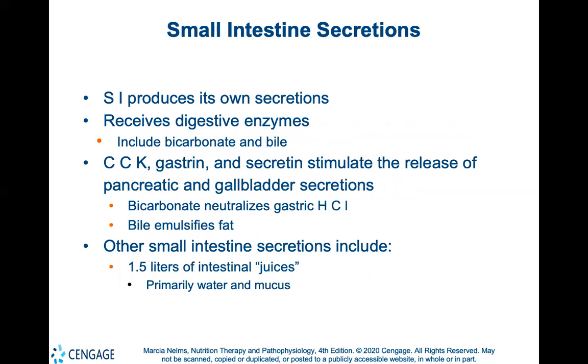The small intestine produces its own secretions and also receives secretions from ancillary organs of digestion, including the pancreas and gallbladder. These secretions include hormones, digestive enzymes, bicarbonate, and bile.